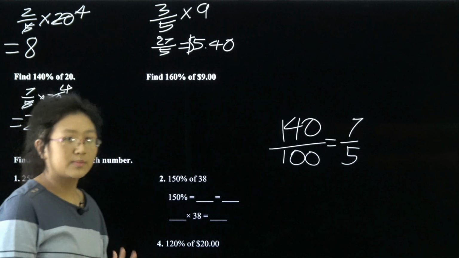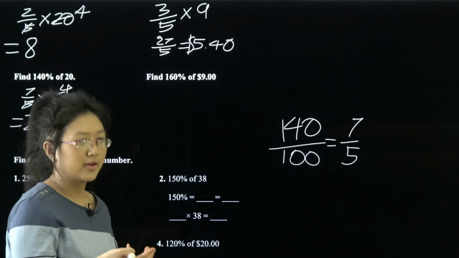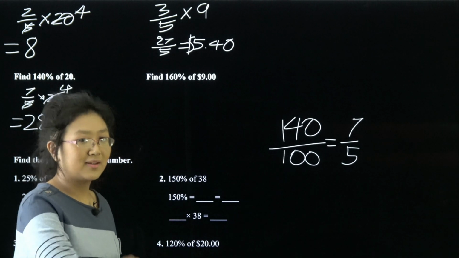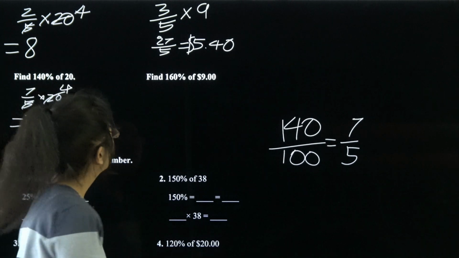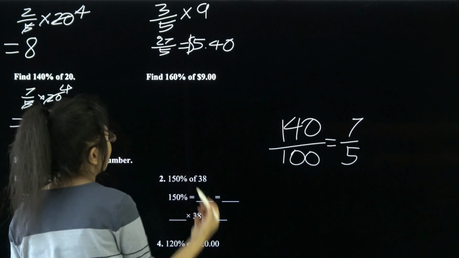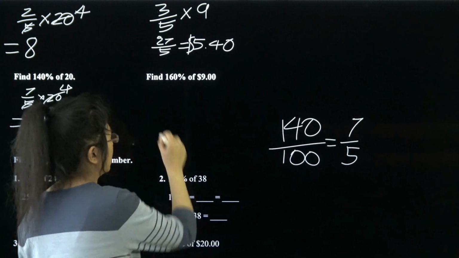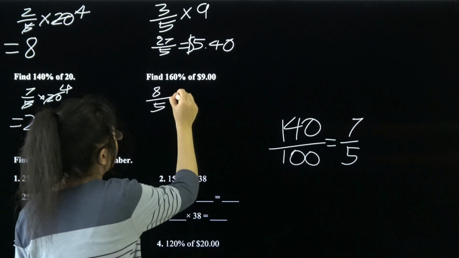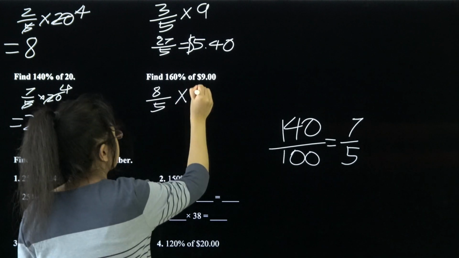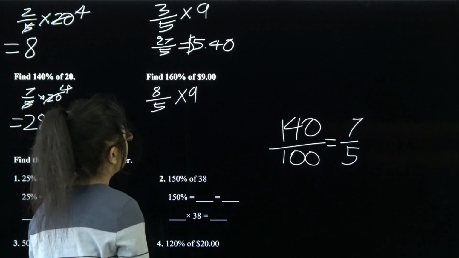So you know how 100% is the entire of something? Well, if you have more than the entire of something, then you're going to have more than the something. So 160% would be 8 over 5 when you simplify it, of, oh, it's still $9, times $9.